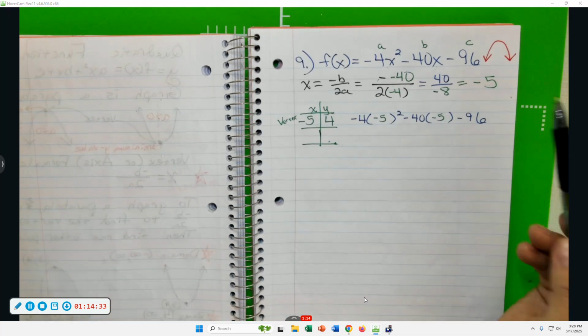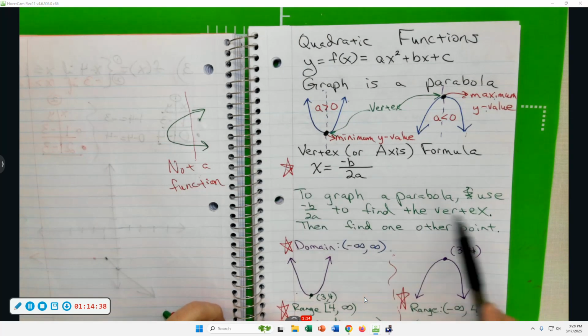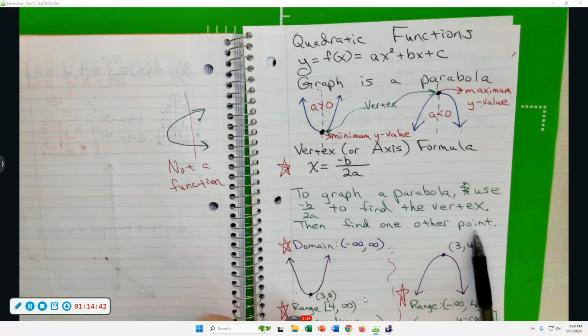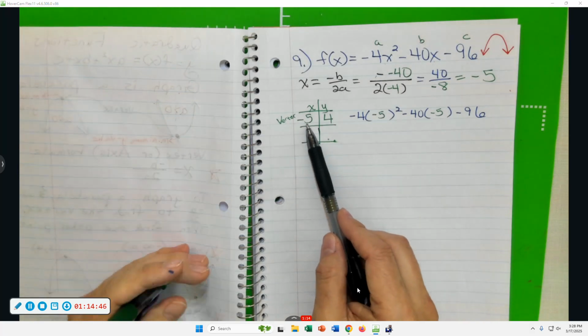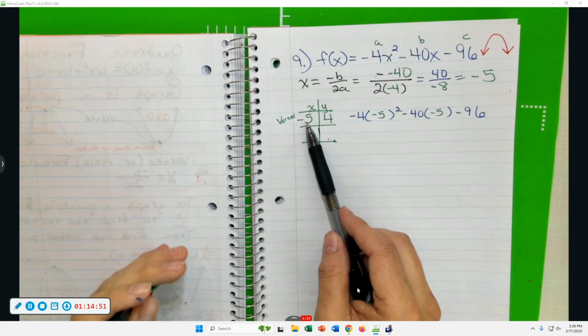So over here I said we would, to graph a parabola, use negative b over 2a to find the vertex, then find one other point. That one other point, you don't want to move far off from negative 5. We could use negative 3 or negative 4. We could use negative 6 or negative 7.